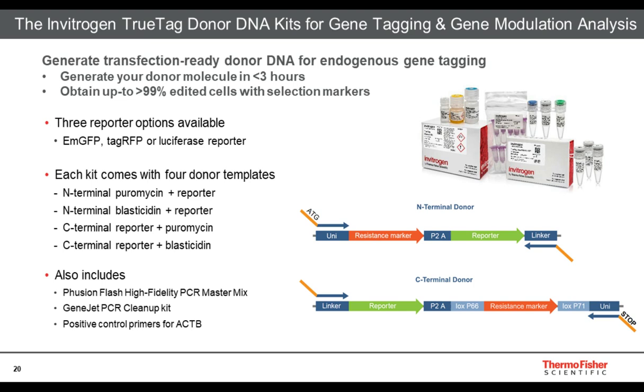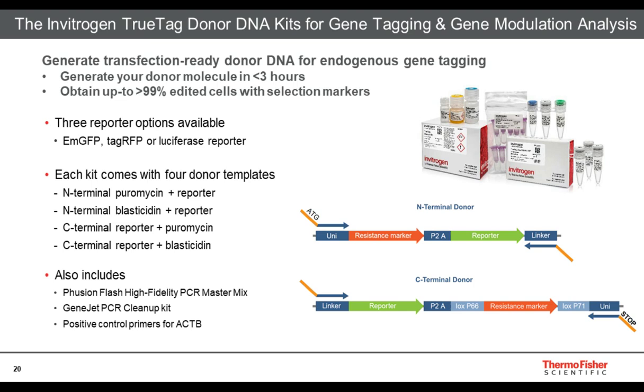Now I'd like to show you another application. I talked a little bit about gene tagging, and I've really focused on knockdown, but another application of gene editing is being able to tag a gene. Once you tag a gene, there's a lot of different things you can do with that information. Let's say you're trying to look at gene modulation, and so you want to create a gene tag.